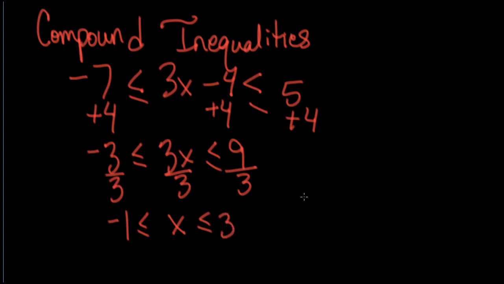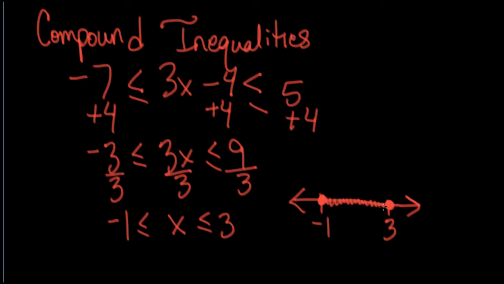And remember, when I graph this on a number line, this time make sure you notice that there are lines under the symbols, so that means that when I graph it, it's not going to be an open circle, but it's going to be a closed circle. So I put a closed circle on negative 1, and I put a closed circle on 3, and this is an and problem, so I shade in between the two.